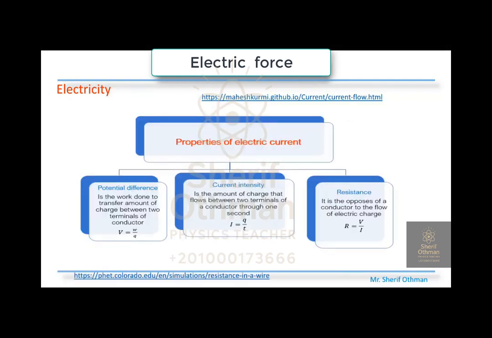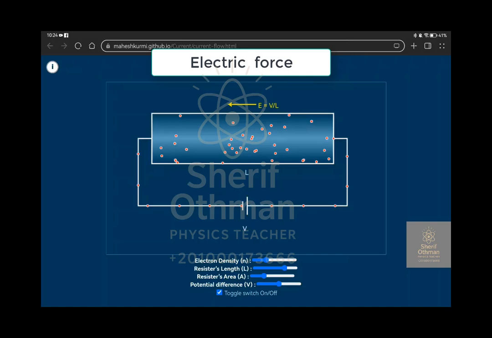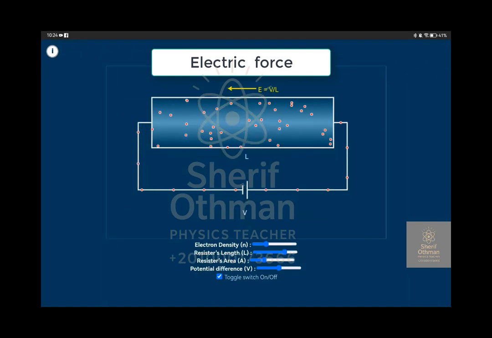We have three properties, guys, that describe the movement of electrons through the circuit. Here is the chart which shows the flowing of electrons. As you can see, the electrons are moving from the negative pole, which is the small dash above V, moving through a certain component in a circuit. The cylinder is a certain component, maybe a bulb, maybe anything, returning back to the long dash of the battery, which is positive.